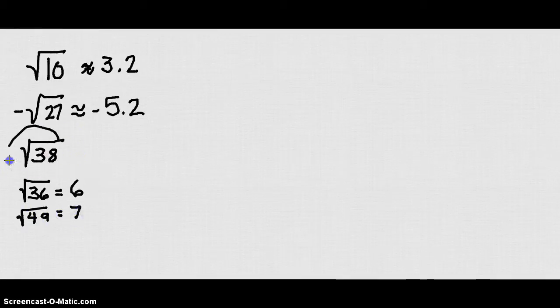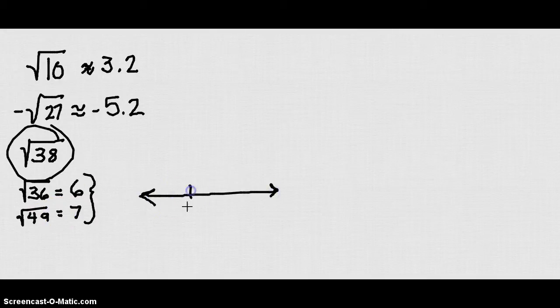So that tells us that the square root of 38 is somewhere in between 6 and 7. Since 38 is closer to 36 than it is to 49, we can probably gather that on a number line, it's going to be much closer to the 6 than it is to the 7. So we can estimate that this is going to be somewhere between 6 and 7, maybe something like 6.2 as an estimate.